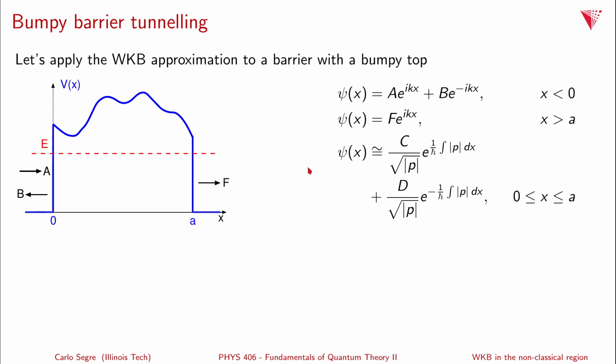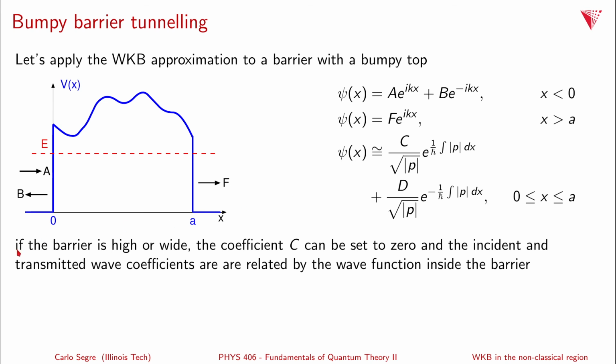But let's make an assumption to simplify this problem, that if the barrier is very high compared to the energy, or it's wide, so a is very large, then the coefficient C will be negligible because this is a rising exponential. It will be unlikely to have much reflected wave coming back.